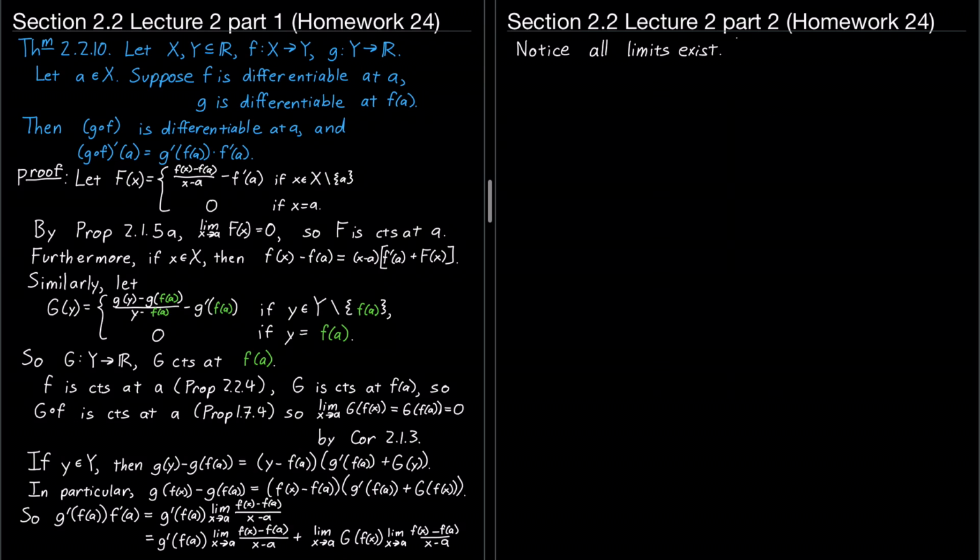So our usual, our favorite proposition about sums and products of limits, we're going to go ahead and write this again: g prime of f of a, f prime of a, that is equal to the limit as x approaches a of great big brackets f of x minus f of a, and then a g prime of f of a, and then we add that to another f of, and then we can go ahead and factor out the f of x minus f of a and just put in a big G of f of x.